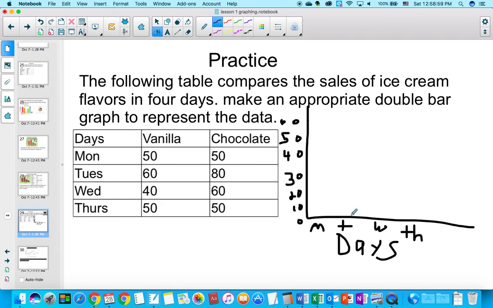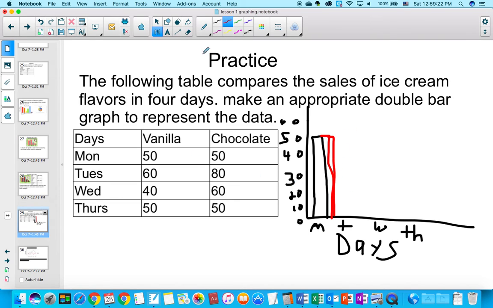So we go vanilla, so we'll make a graph, Monday, vanilla, so we go to 50, right? And then I make another bar graph for chocolate. So I'll use a different color, red. Chocolate's also 50, so I'd have another one like that. Sorry, it's really ugly. You want to space it out a little bit better. But then you'll have these two bars right there.